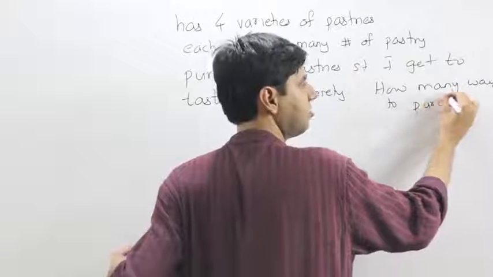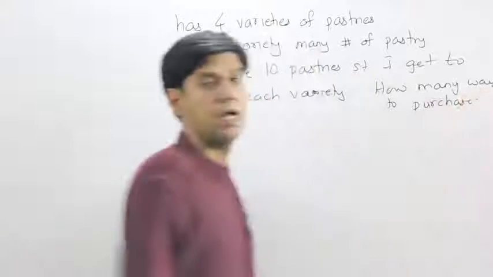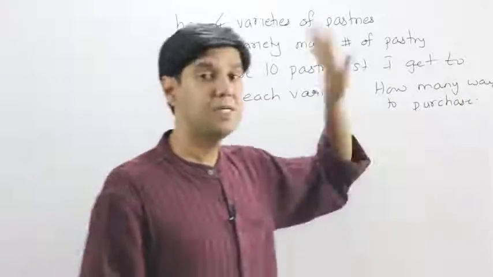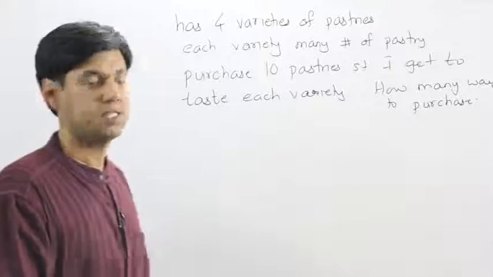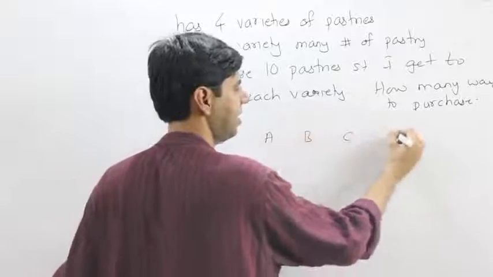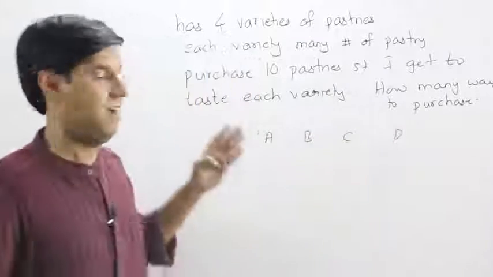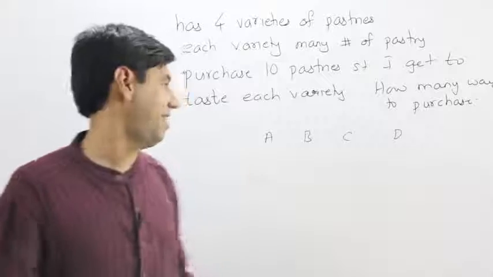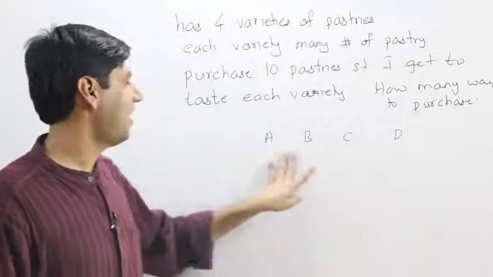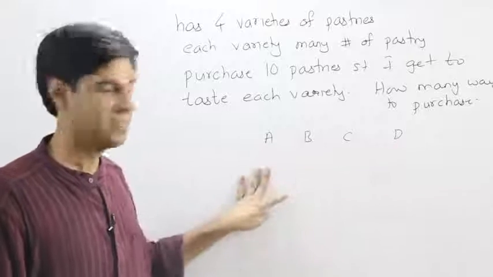So this is the worded question. Think about it. How will a purchase be different from another purchase? Let's say there are 4 varieties. Just for simplicity's sake, let me say A, B, C, D varieties. You could even use a chocolate and a strawberry and a pineapple if you're too hungry. So let's say A, B, C, D are the 4 varieties of pastries.